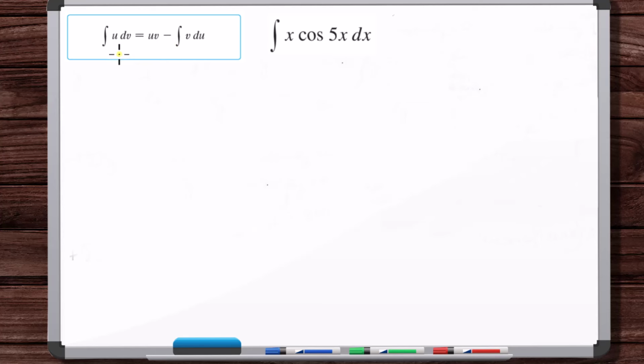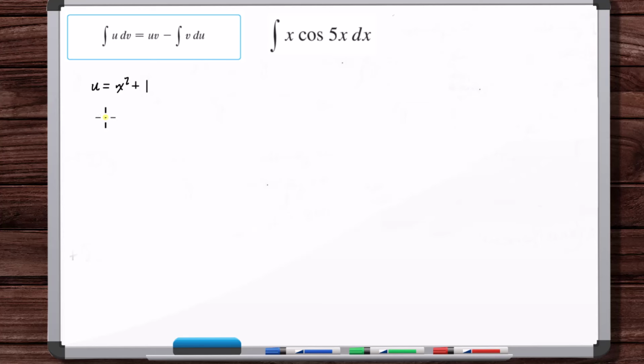Okay, so the first step, though, is to come to the original integral, and you're going to need to choose which portion is going to be the u and which portion is going to be the dv. Now, one thing to note before we get into this problem, and I wish I would have made this clear in the previous video when we went through the textbook section: let's say you identify u is, I'm just going to make something up here, x squared plus 1.